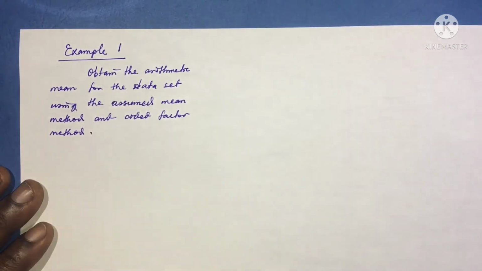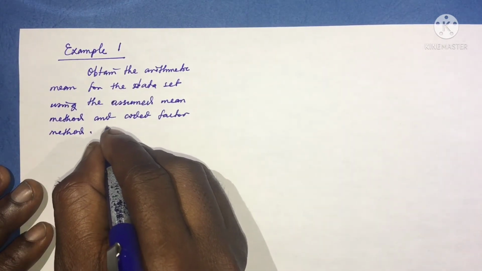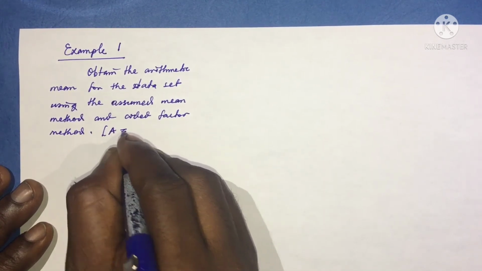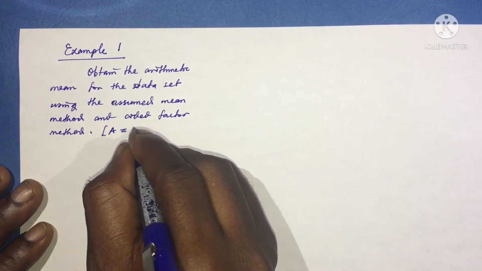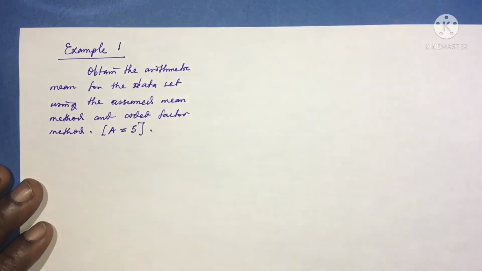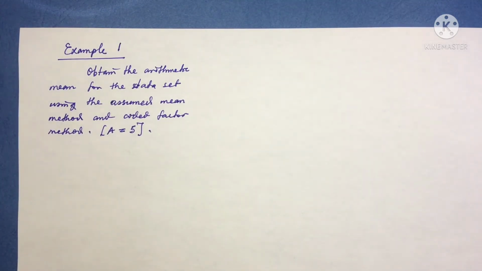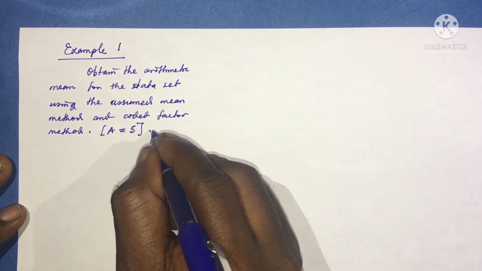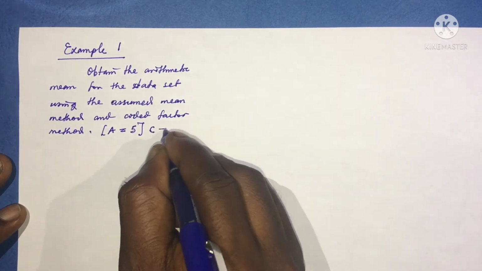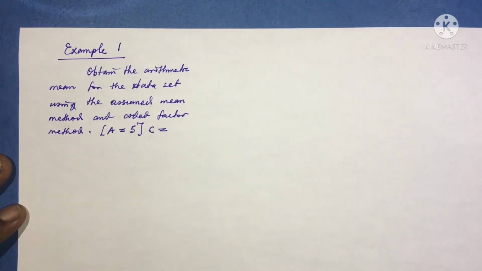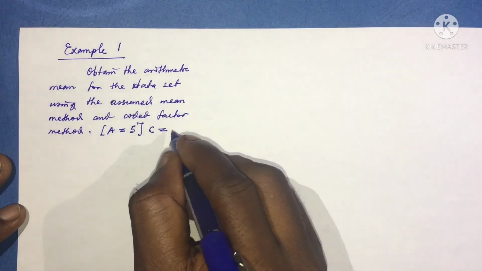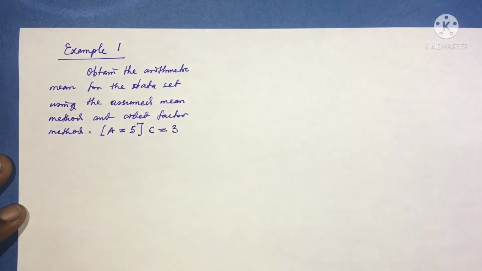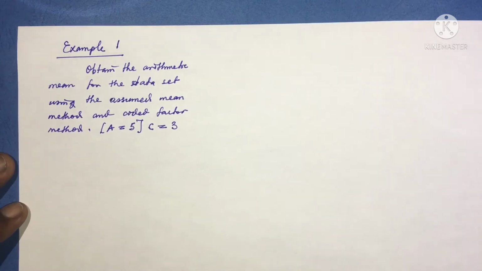So the hint is a is equal to 5. We are giving a, the assumed mean, as 5, and class size, in this case, let's assume our class size is 3.